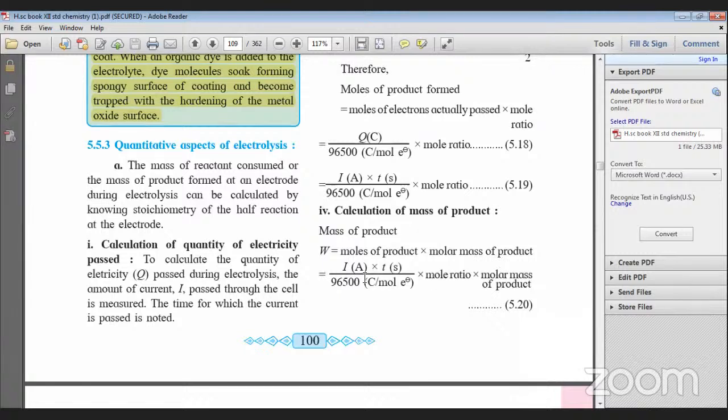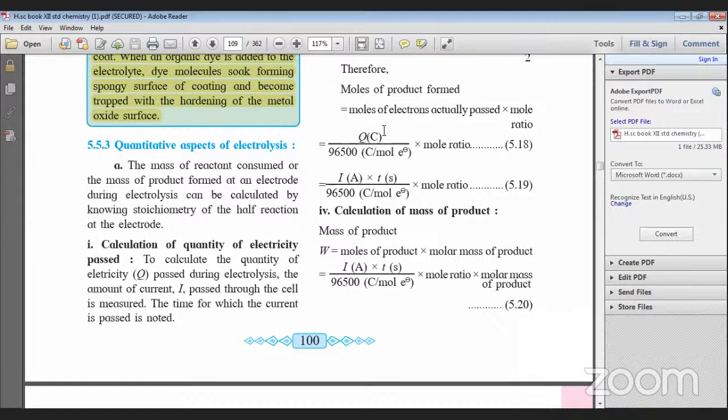So it is a combination of all the formulas. Now if coulomb is not given, meaning instead of charge they have given an electric current, the ampere value, and time, you can multiply those two values and find the value of Q. You may think ma'am said Q upon 96,500, but sometimes there is an interlink, further calculation.